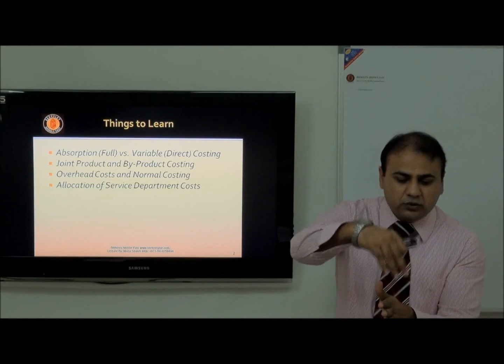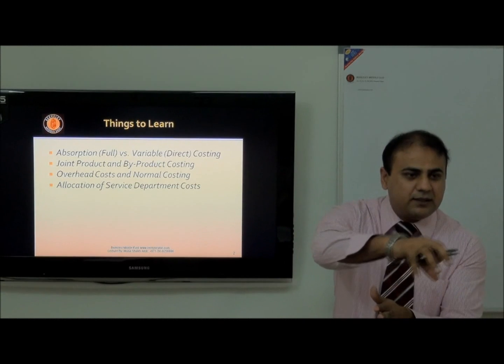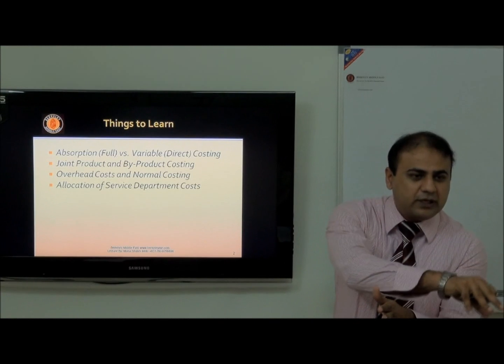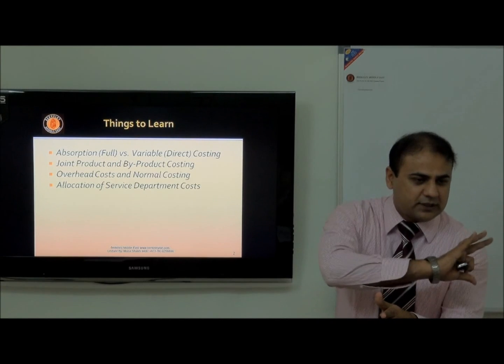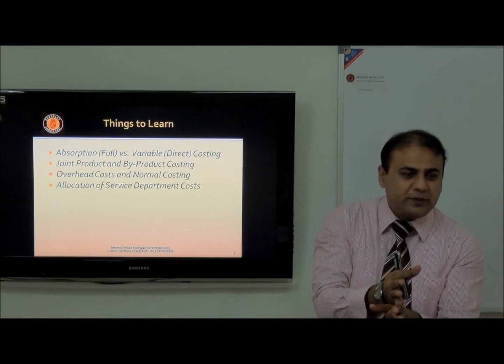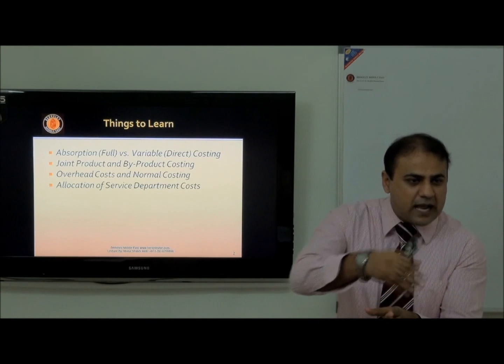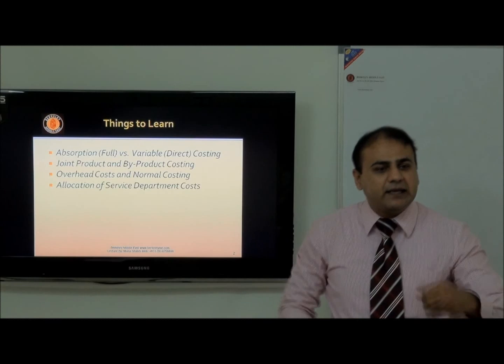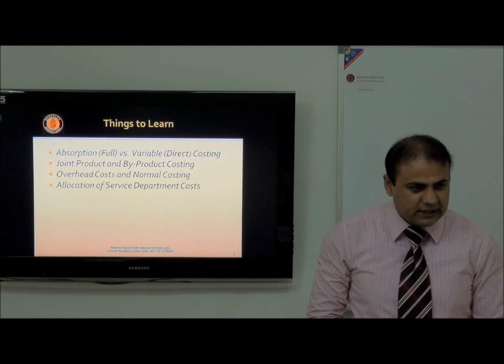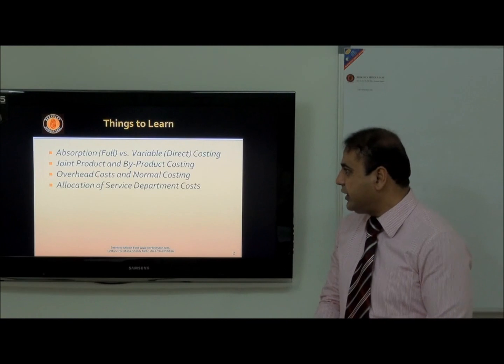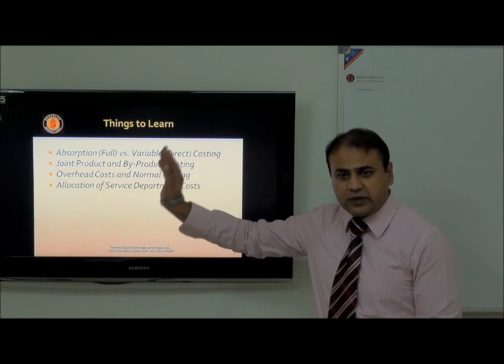But once you identify custard, yogurt or some other product, this is a split-off cost. It means this is a split-off point where you can add on and make anything according to your demands and requirements. For that, today we have to learn what a joint product is.